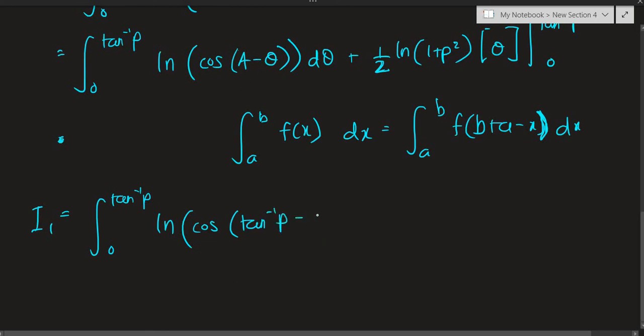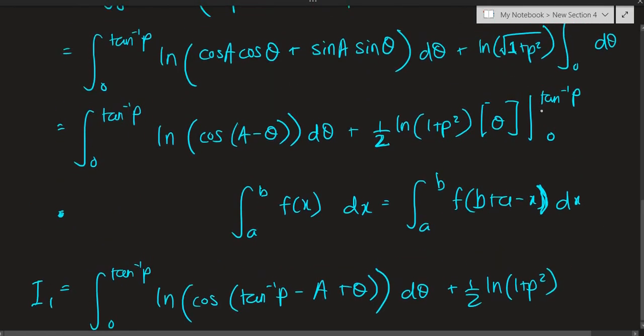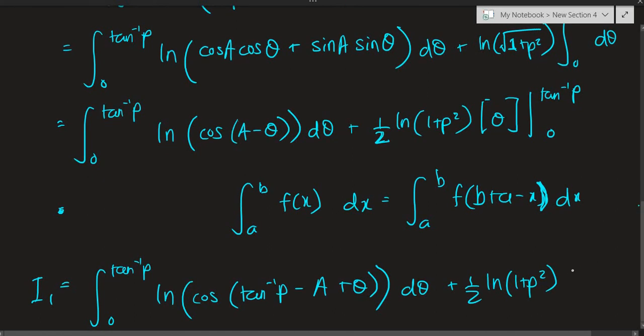So this will be negative A and negative positive theta d theta, and we have the other term as it is, plus half of the natural log of 1 plus p squared, and integrating this, basically substituting the upper and lower bounds, plugging them in, we get just the inverse tangent of p minus 0, which is just the inverse tangent of p.